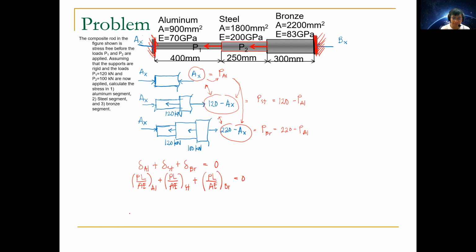The problem of using AX is that when we plug it into the compatibility equations, the forces that the formula implies are the forces coming from that particular material.